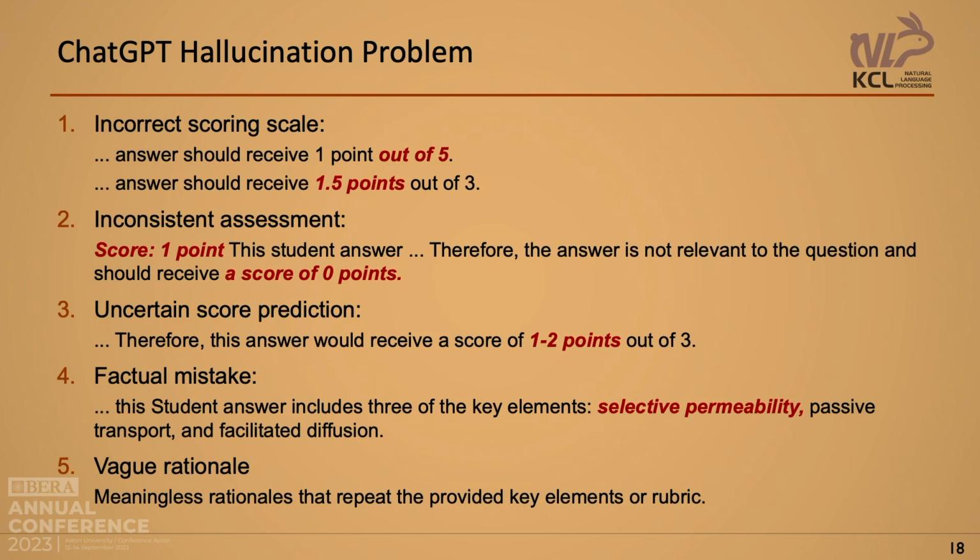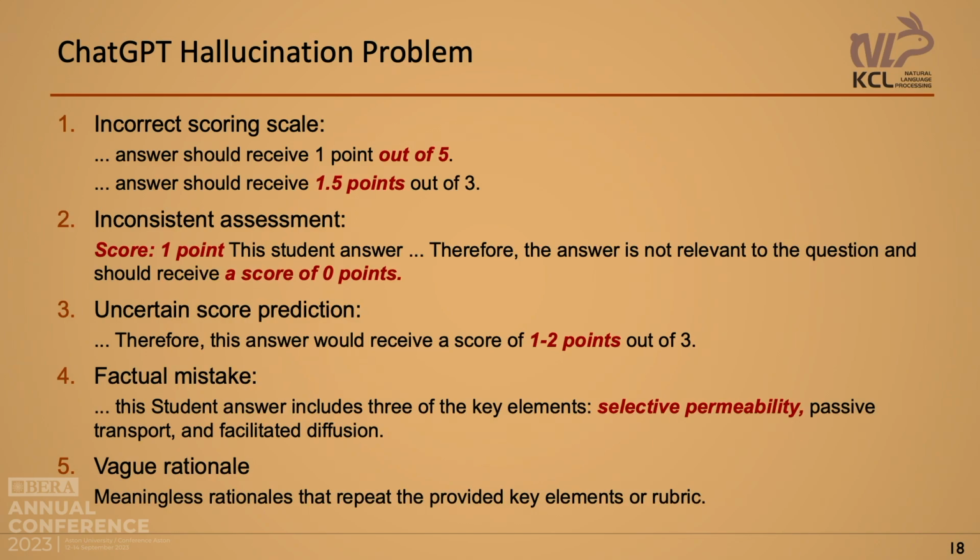Sometimes it gives 1 to 2 points, not certain about its assessment. There are also factual mistakes, such as selective permeability, which has never been mentioned in the student answer. And some vague rationales, where the rationale keeps repeating the provided key elements and rubric, but it's meaningless for a student.